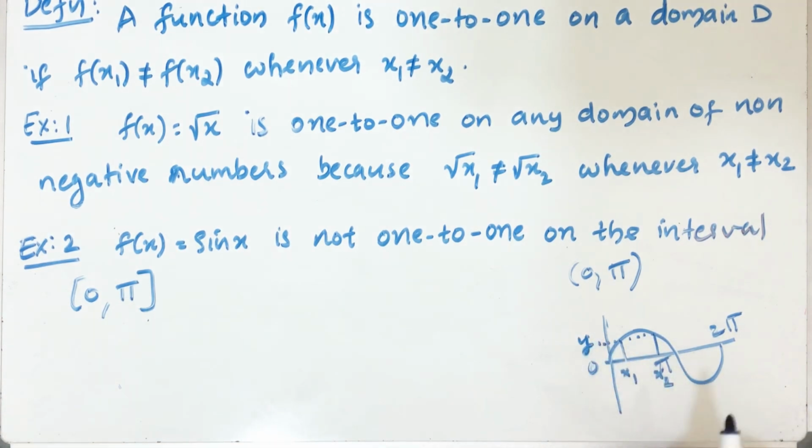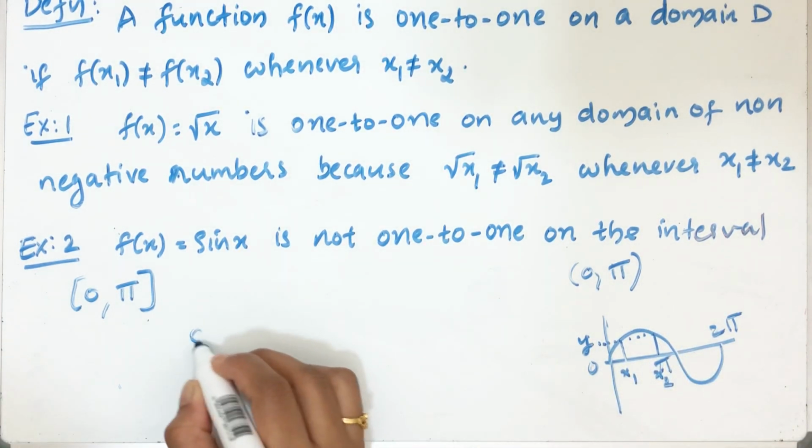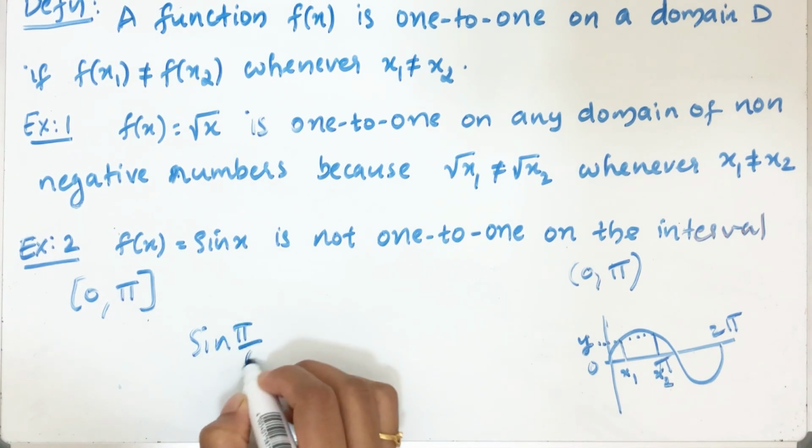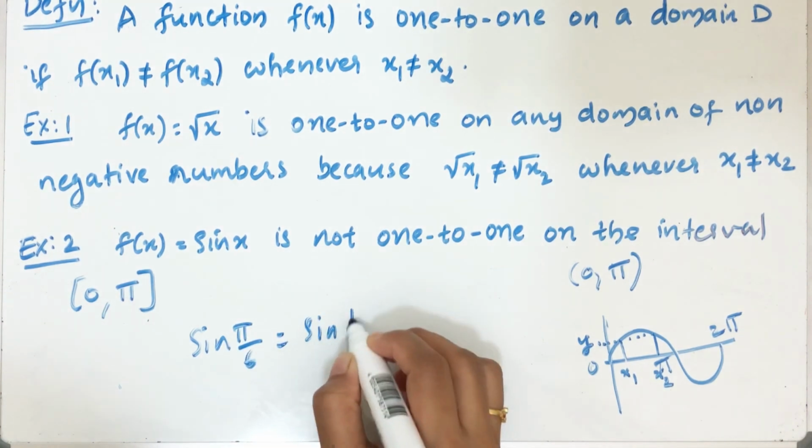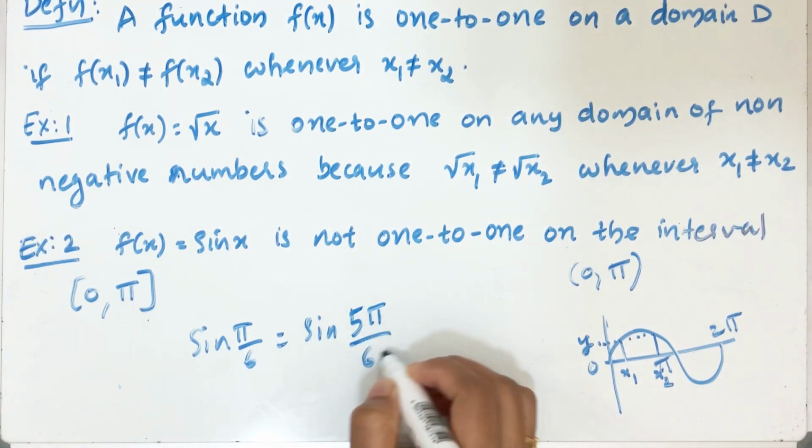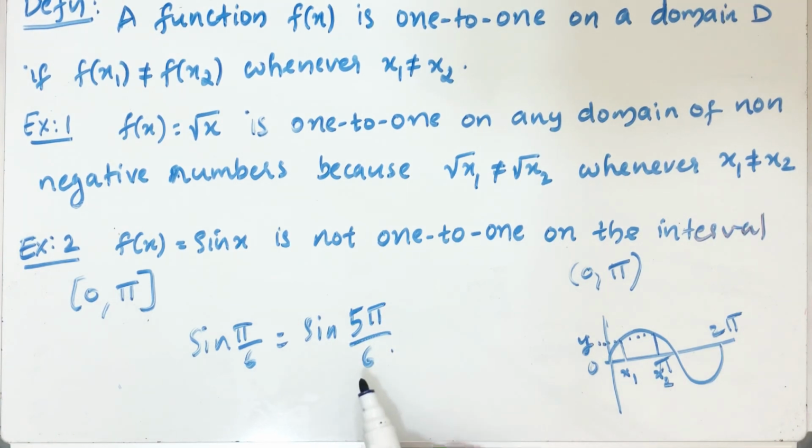That is, f of x1 equals f of x2, the same value. This is not one-to-one. Or we can write, for example, sin pi by 6 is equal to sin 5 pi by 6, or sin pi by 6 is equal to sin of pi minus pi by 6. So this is not one-to-one.